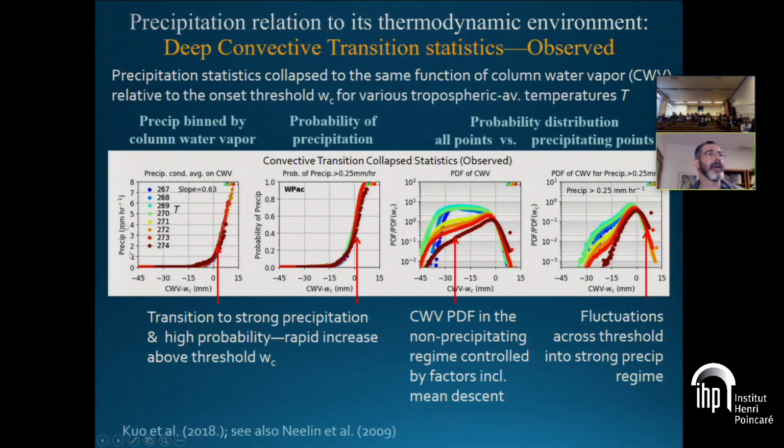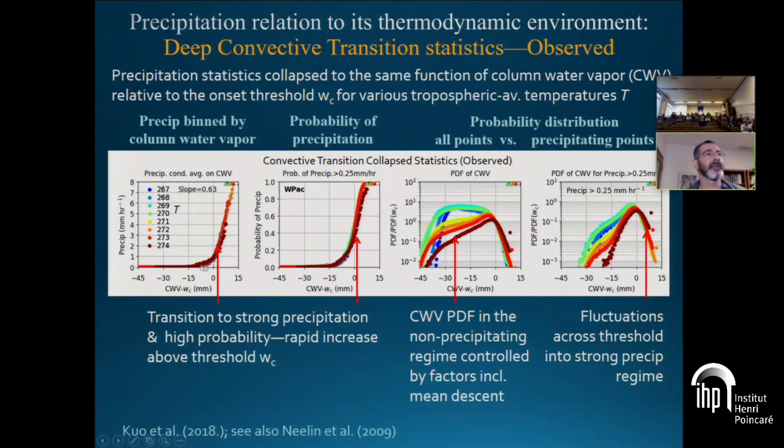On the leftmost panel, you have the conditionally average precipitation as a function of a measure of water vapor, although it's a particular measure that I will have to elaborate on. The different colors are different bulk temperatures. They're a tropospheric temperature measure.